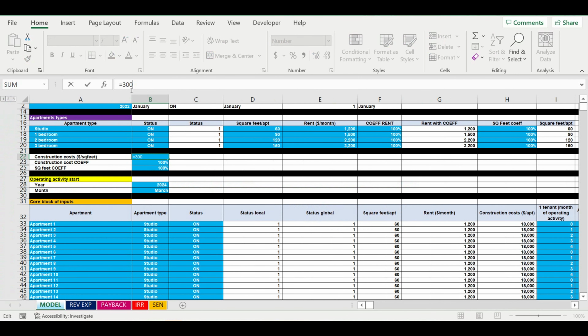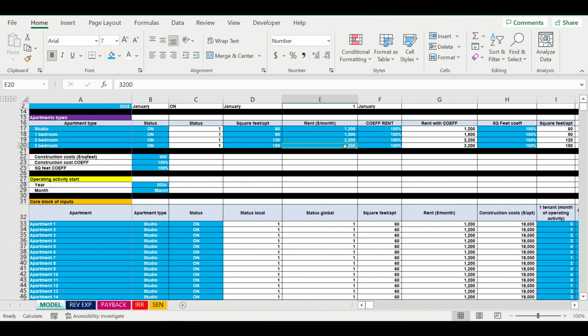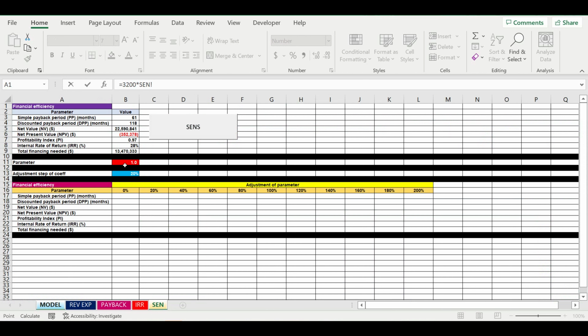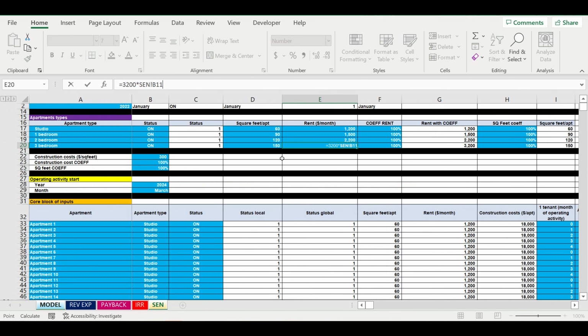Then, for example, we would like to see the performance of our business idea if we add these coefficients only to 3-bedroom apartments rent. So we take only this value, then add the coefficient. Here we have our coefficient added.